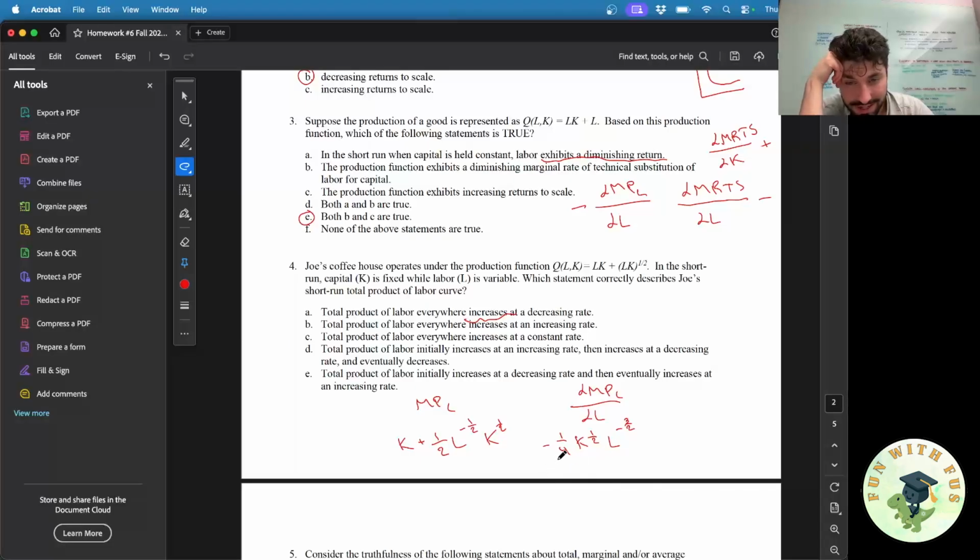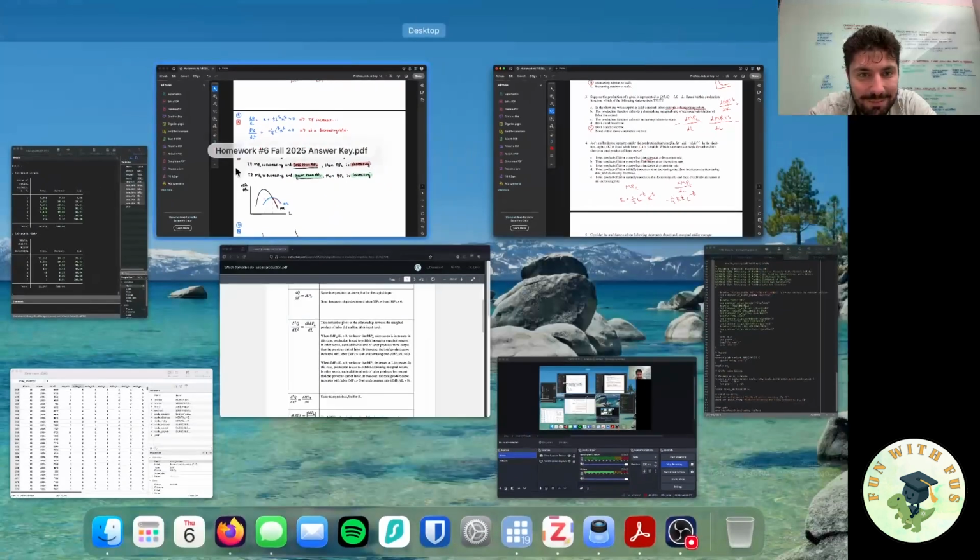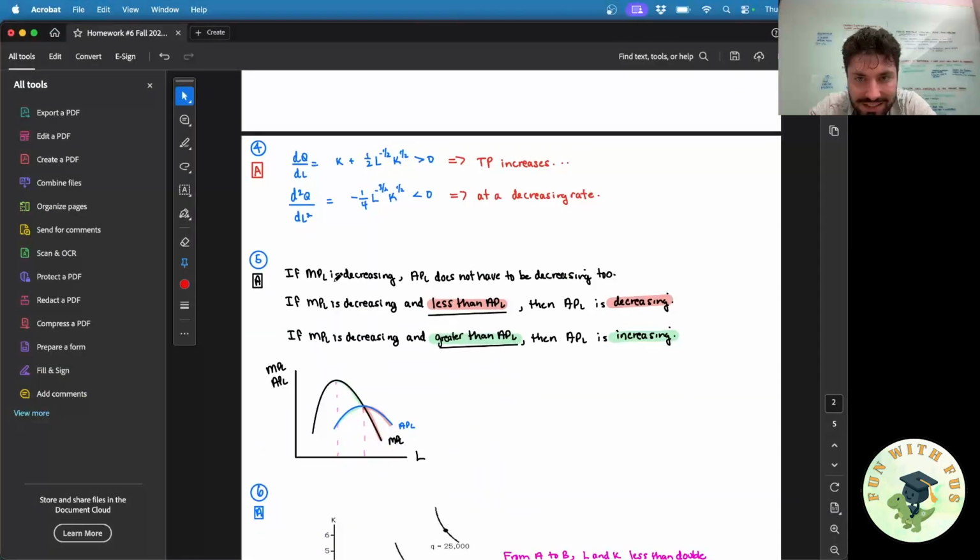So I believe it's definitely increasing at a decreasing rate. And I'm trying to figure out, I think it would just be A. No, wait. Let's look at, oh wait. Oh, it is just A.